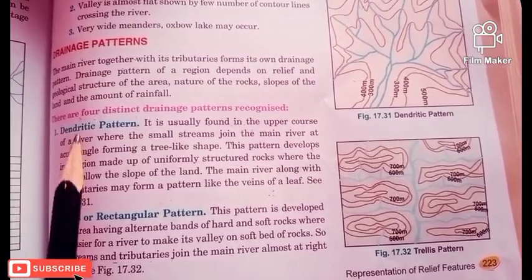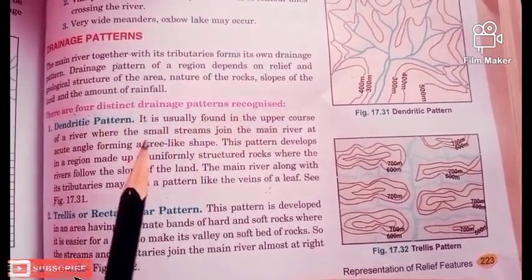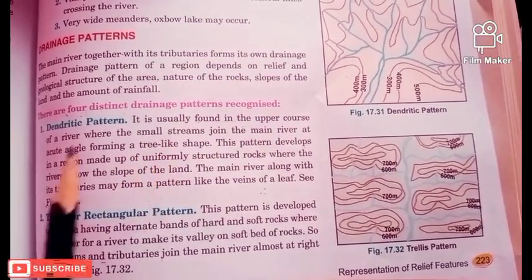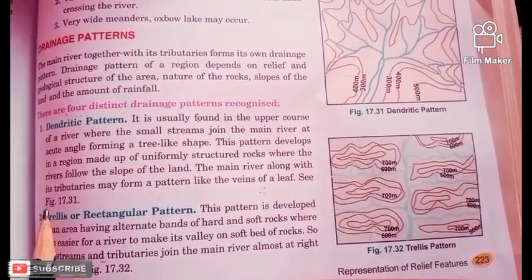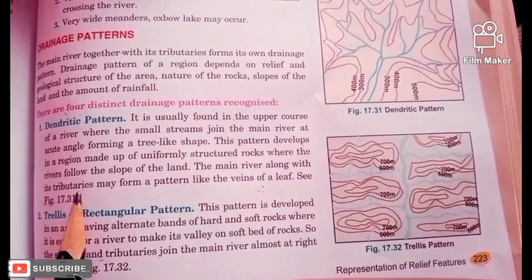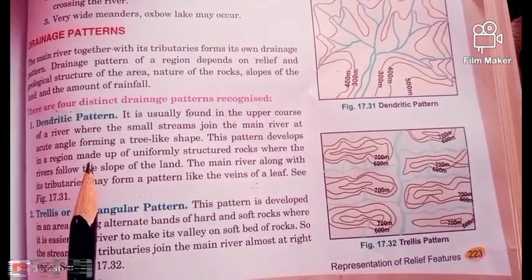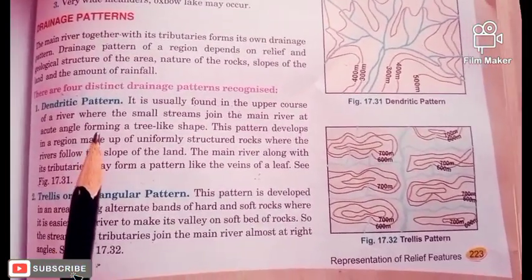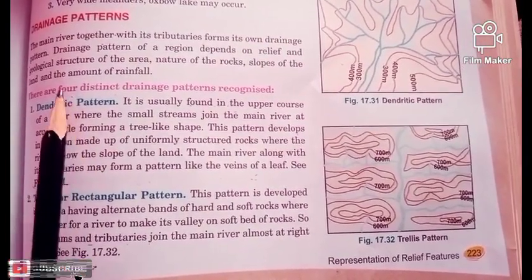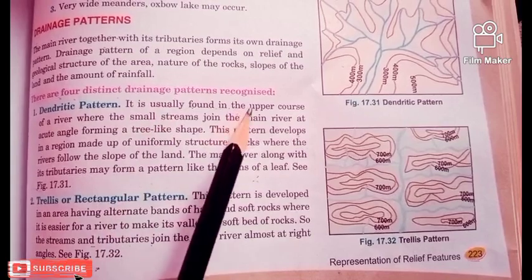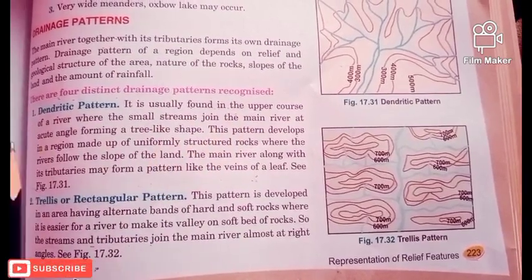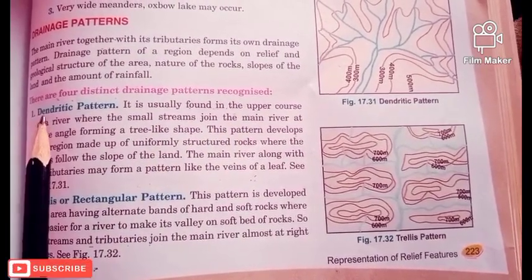So these factors greatly affect the drainage pattern made by the river, and that forms different types of drainage patterns. We will learn how to identify them in a proper way.